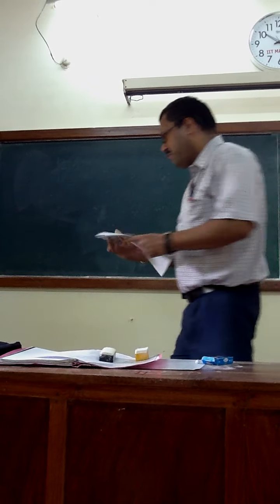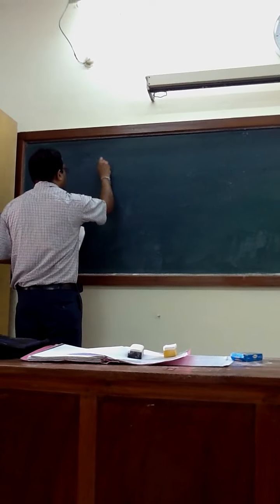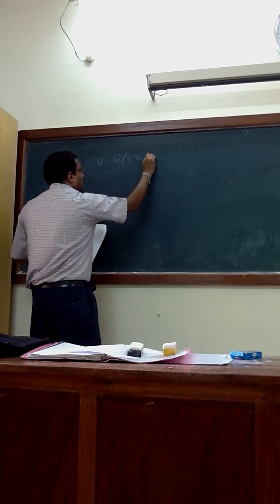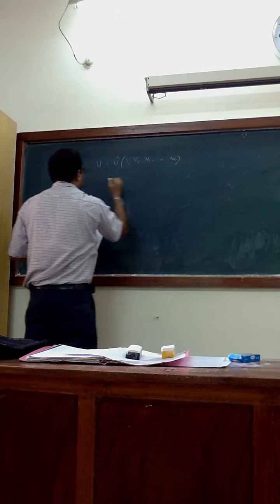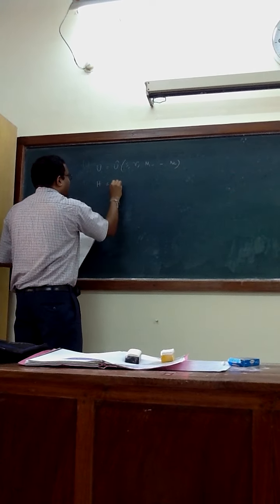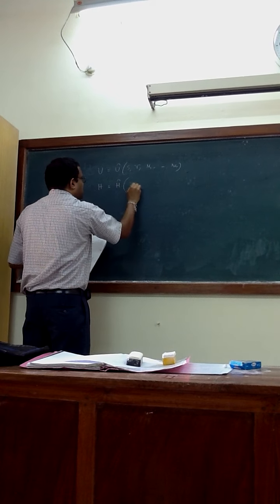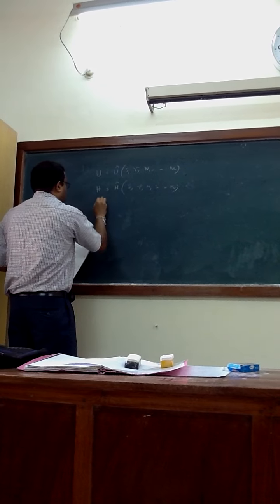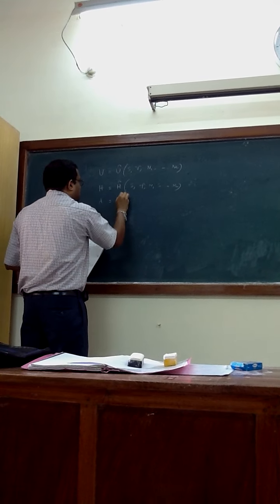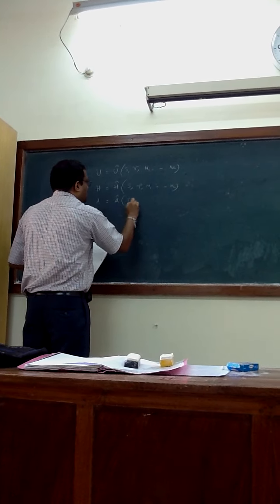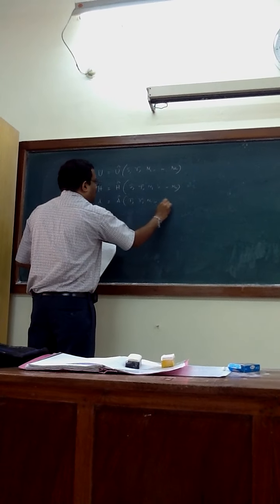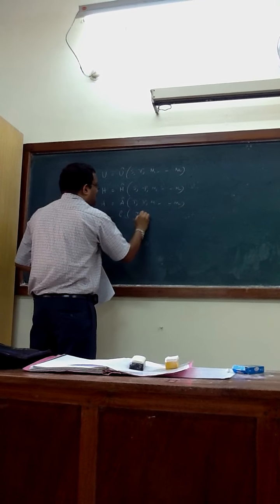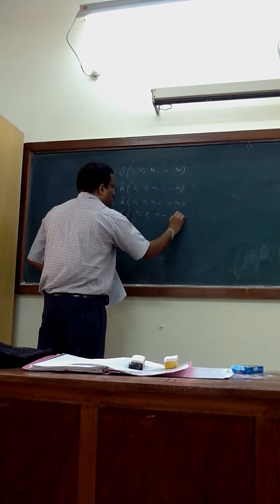If you look at U equals U hat of S, V, N1 to NC, H equals H hat of S, P, N1 to NC, A equals A hat of T, V, N1 to NC, and G equals G hat of T, P, N1 to NC.